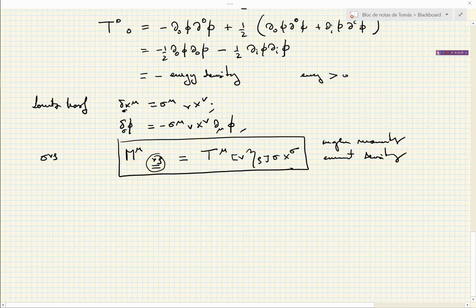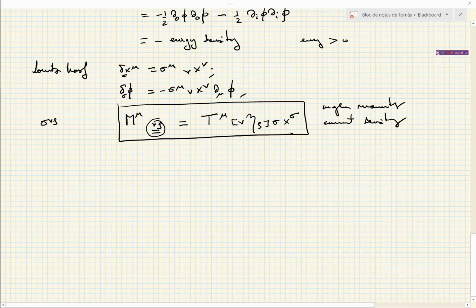Finally, there is a last transformation that leaves invariant the action of the scalar field, and this transformation involves coordinates and phi.